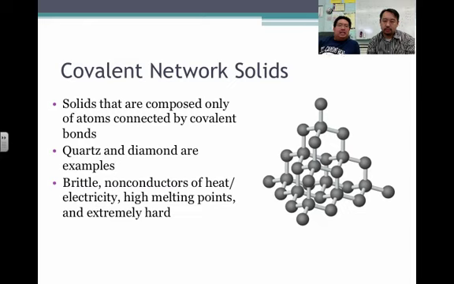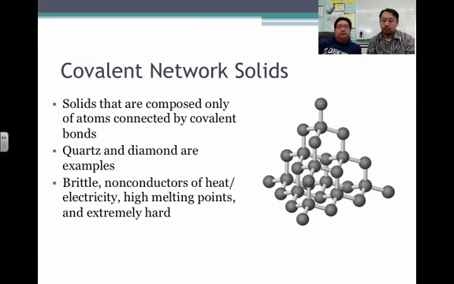Network solids. These are solids that are actually connected together through covalent bonds. It's not like a solid like salt or sugar, for instance, that are just a bunch of molecules stacked together for sugars, or a bunch of oppositely charged ions connected together.